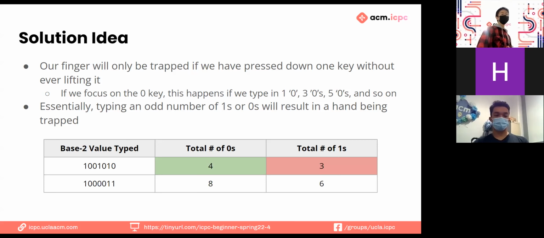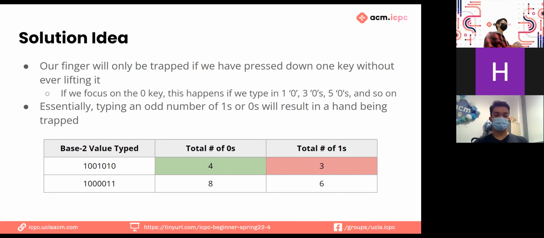And what if after typing this character, you want to type this 1 0 0 0 0 1 1? Now, notice that in addition to the 4 zeros and 3 ones we had before, in the first character, we have 4 more zeros and 3 more ones. So after typing these two characters, our index finger would be free, and our middle finger would also be free, right? The idea is basically in this simple example.